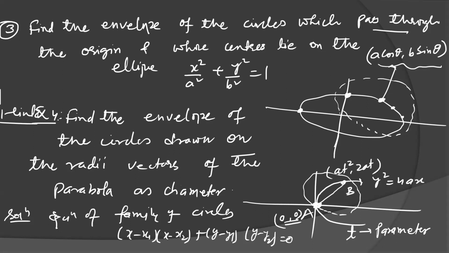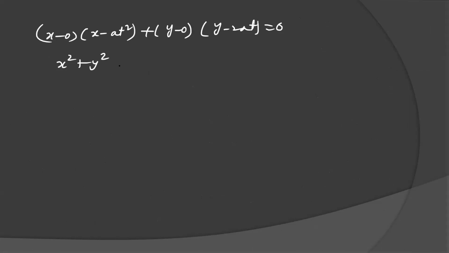You will get x minus 0, x minus at square plus y minus 0, y minus 2at equal to 0. So after simplification, you will get x square plus y square minus axt square minus 2aty equal to 0.